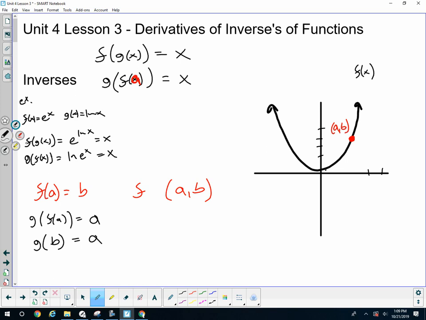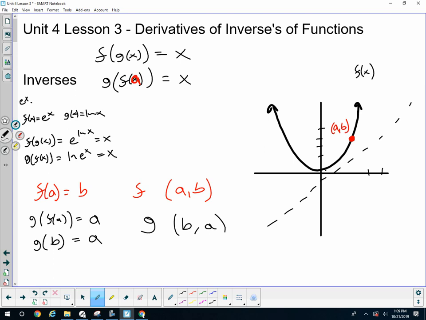What that means is that an inverse function is going to have the flip-flop points of the original function. This is why things get reflected over the y equals x axis. When we talk about the graphs of an inverse, we say, oh, it's reflected over the y equals x axis. Why is that? Well, our x goes to our y, and our y is going to have to go back to our x.